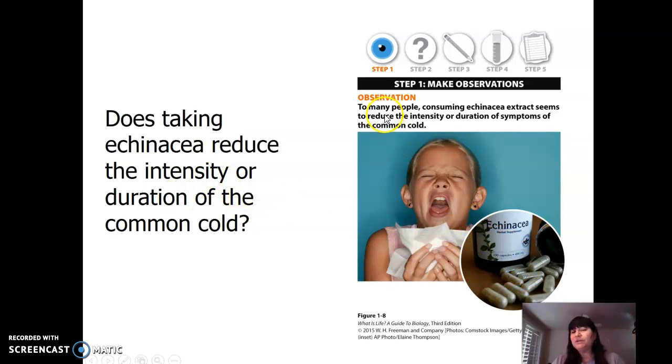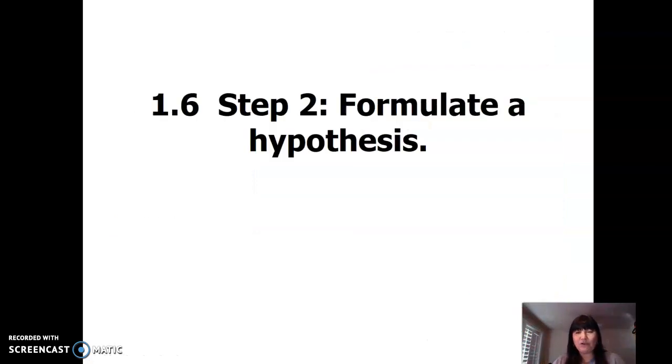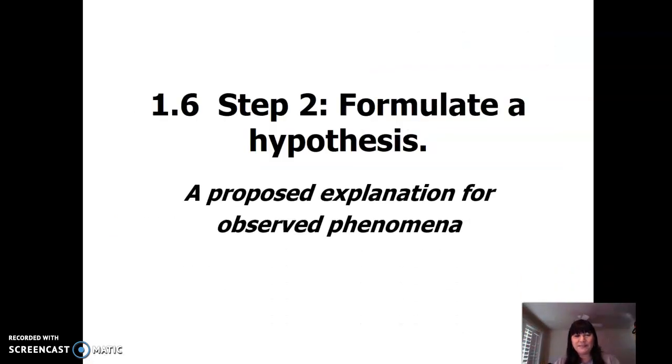So observation: many people consuming echinacea extracts seem to reduce intensity, duration, symptoms. Okay, so here's the observation. Then it's going to lead us to ask a question and then formulate a hypothesis. So a proposed explanation for the observed phenomena. I said an educated guess to answer your question. So does echinacea reduce the duration or intensity of the common cold?